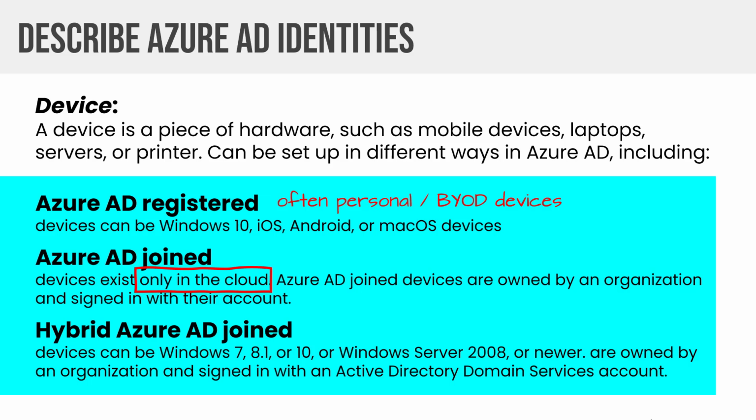So for hybrid organizations that are using Active Directory and also using Azure AD, the hybrid Azure AD join option is the go-to solution. But the key there for hybrid, remember, it can exist on-prem or in the cloud, and Active Directory Domain Services is involved.